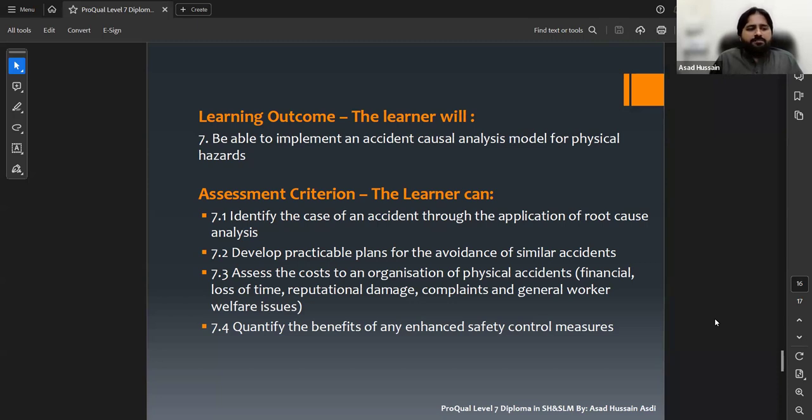When it comes to safety, the reciprocal of safety is risk, and the reciprocal of risk is safety. But if you have taken the risk, the chance of an accident is much higher.